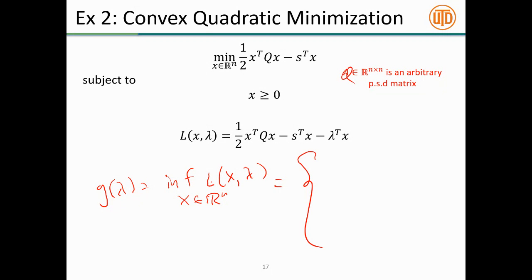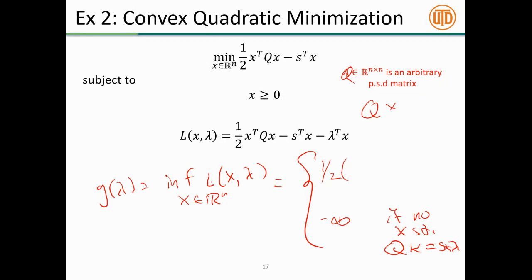If there is no such x, then the solution is negative infinity. So it's negative infinity if there is no x such that q times x is equal to s plus lambda, and otherwise it's equal to just 1/2.